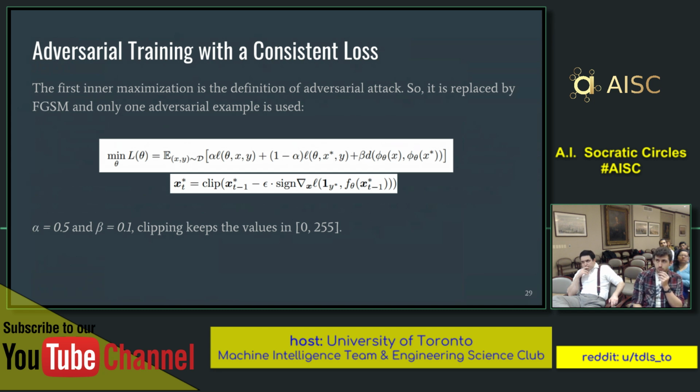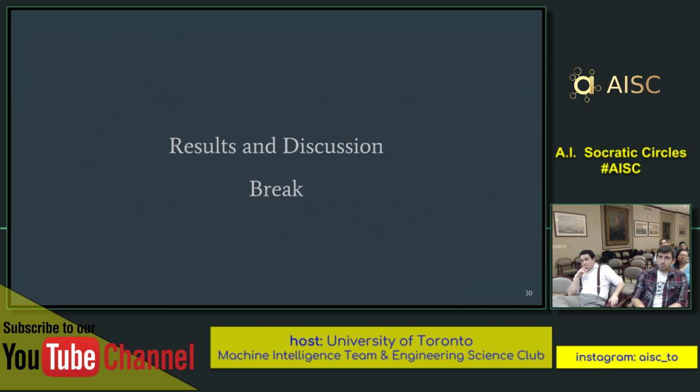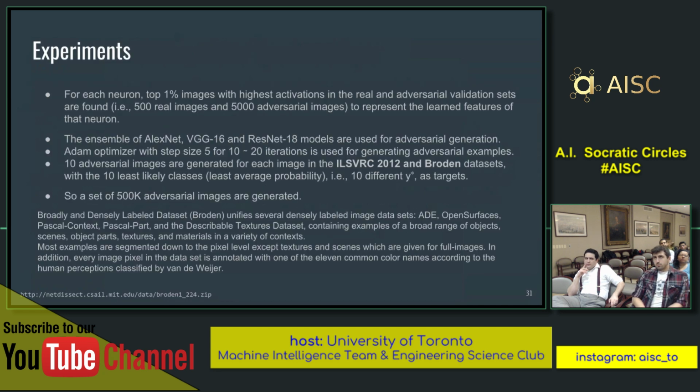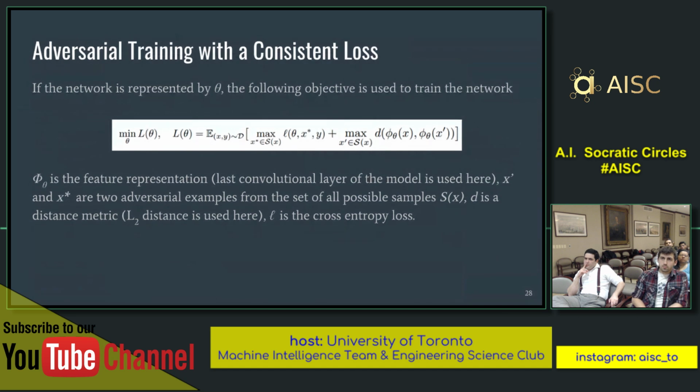Those are based on maximizing the distance between the feature maps. So I think, as shown here, x star and x prime are different. They should be different, and they should be created with different adversarial attacks, which are defined for these two different loss or distance metrics.